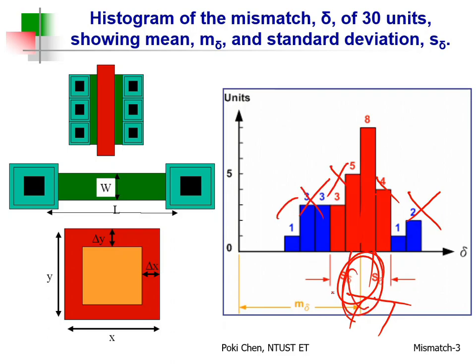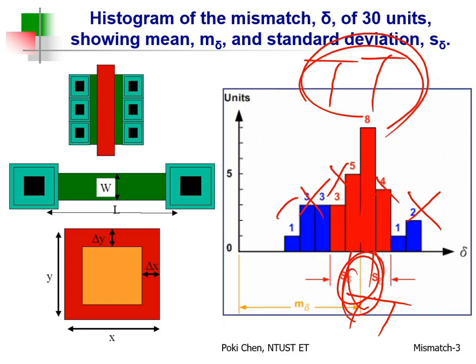That is the ugly truth. Even under TT, don't expect all the transistors will have the same TT performance. No. Only the average performance. So even under TT, somebody still runs faster. The other 50% run slower. That is the ugly truth. I'm really sorry for that.